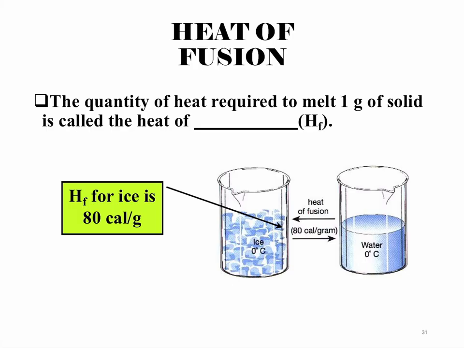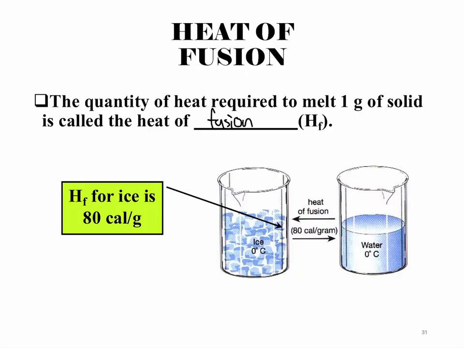And what that means, or heat of fusion, for example, is a specific quantity, so a physical property of the material. So for going between solid and liquid, we have a heat of fusion.